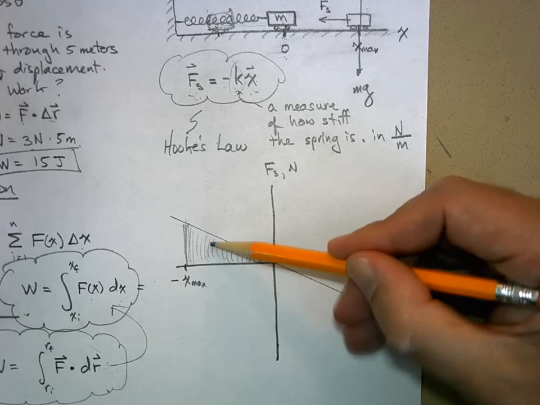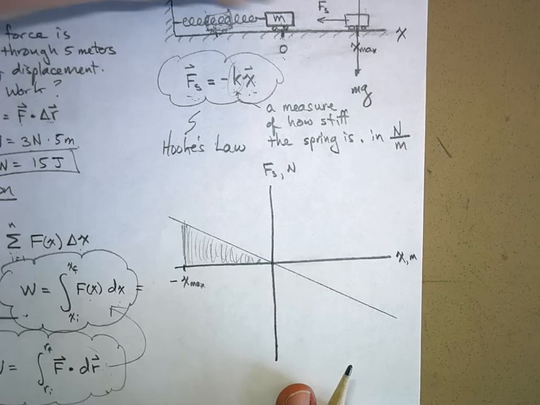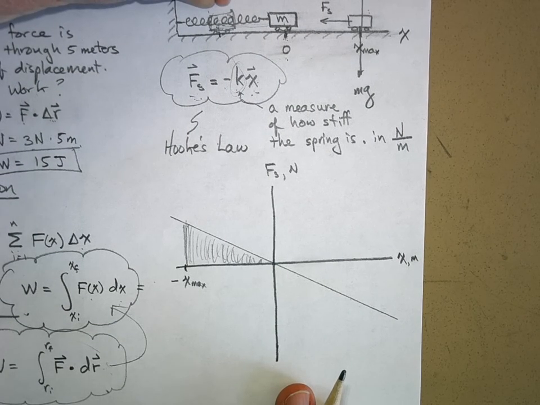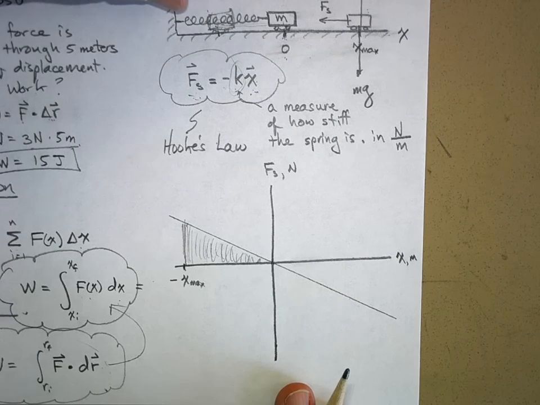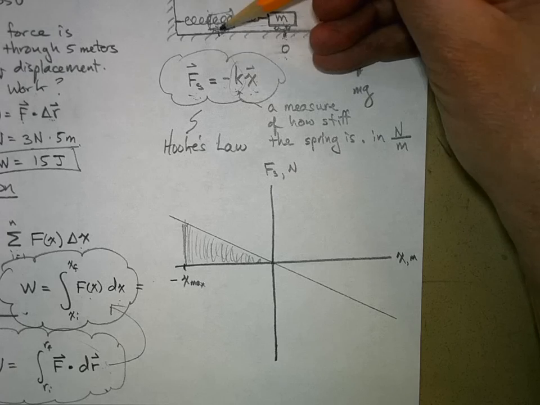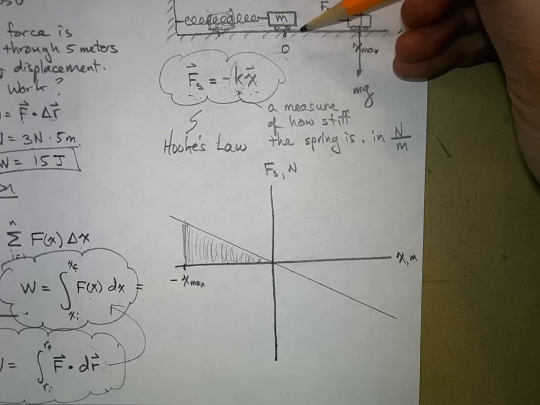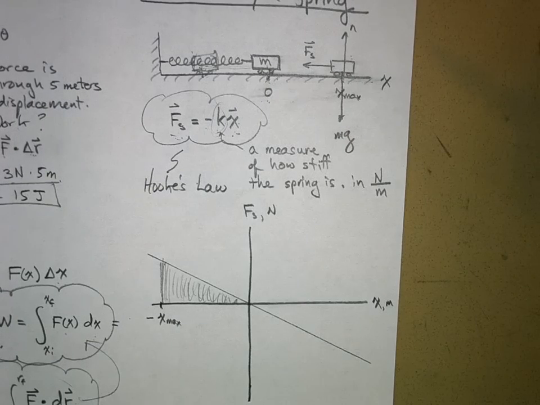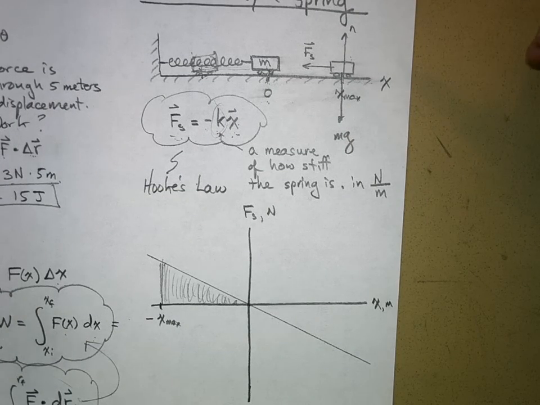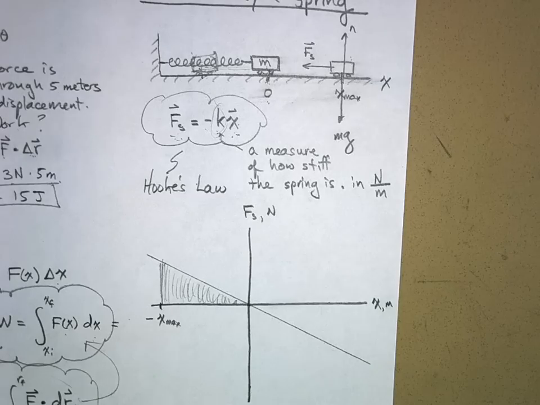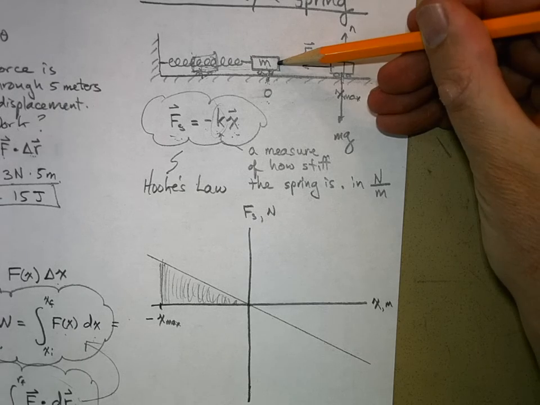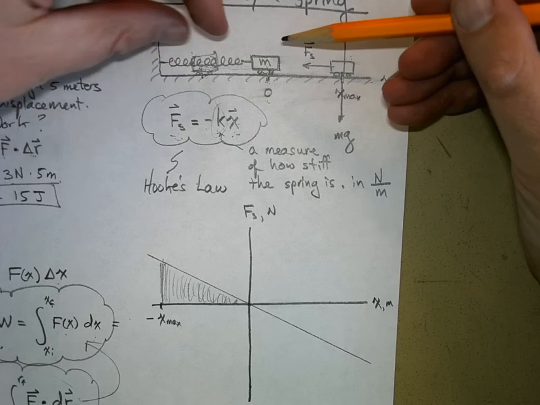So if you think of the journey, you pull this thing on here, you hold it there. Then you release it. That's when I'm starting to look at it. I release it. Boom. And what does it do? It moves to the right. It's going faster and faster and faster. The spring is transferring energy from its own compressed self into the massive object. Because when the massive object was over here, it really didn't have any energy.